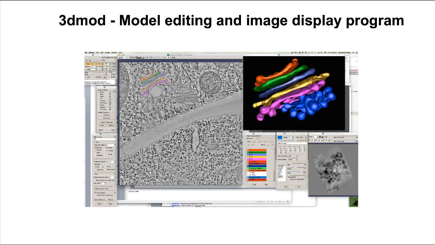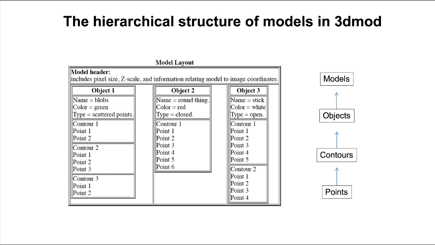If I explain 3D model generation in a nutshell, the most important concept is hierarchical structure. A model is in 3D, and one model can have many 3D objects. An object is one closed surface, like a membrane compartment in 3D.